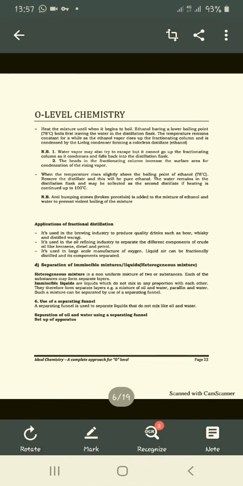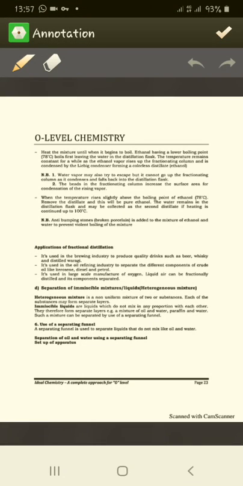So we are saying here, heat the mixture until it begins to boil. When it begins to boil, ethanol having a lower boiling point boils fast, leaving water in the distillation flask.